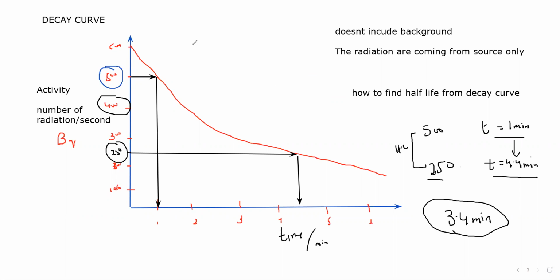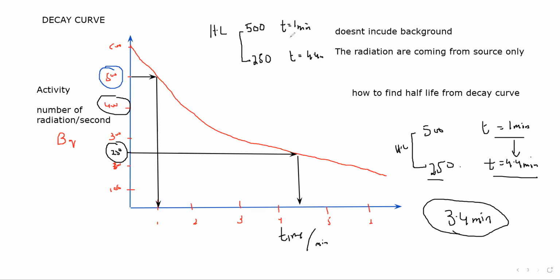The half-life is the time taken to change to half of its original value. For example, we took 500, and the time was 1 minute. After one half-life the radiation will become 250, and when it became 250, the time was 4.4 minutes.